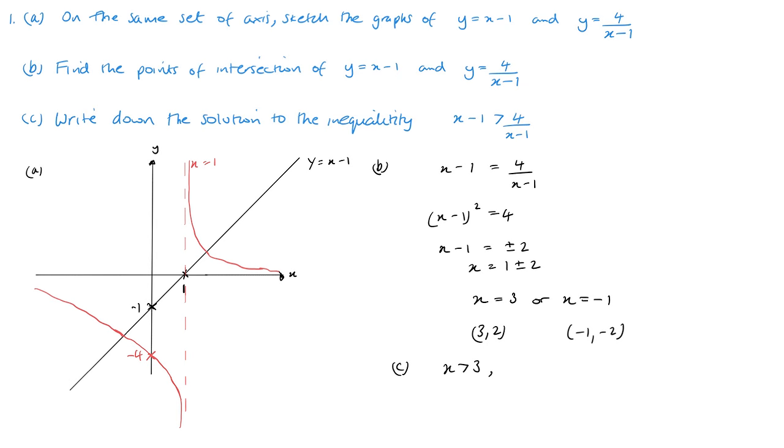Then it's greater than this part of the graph, from this intersection all the way up to 1. So this intersection's at minus 1. So it's greater than from minus 1 to 1. And those are the only two regions where the linear graph is above the reciprocal graph.